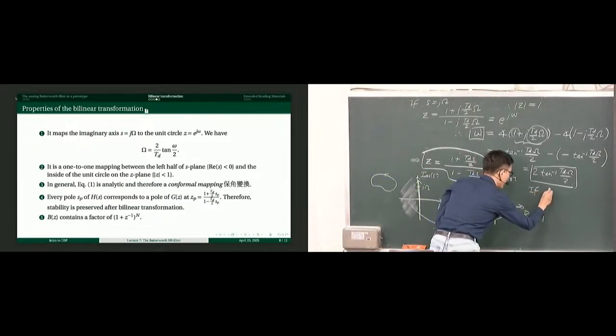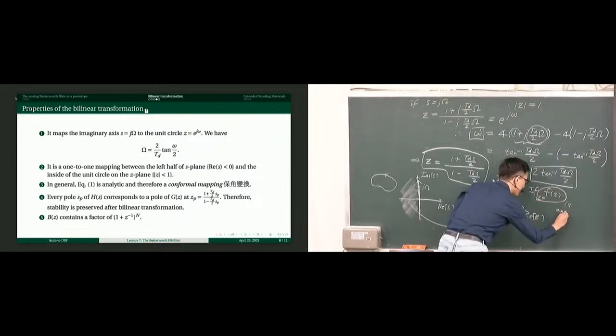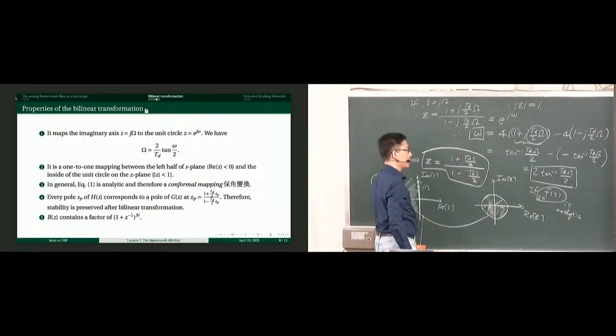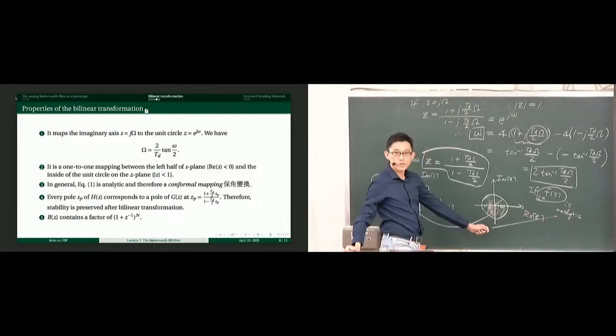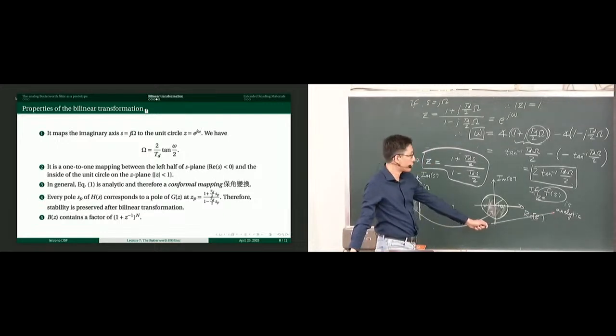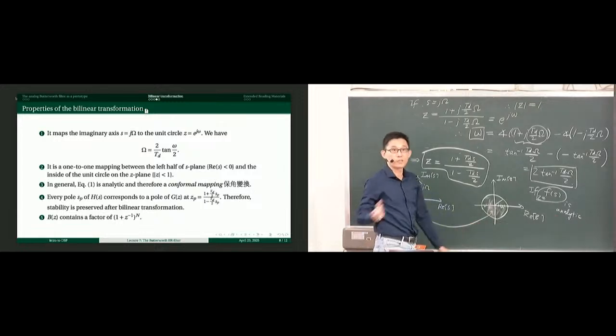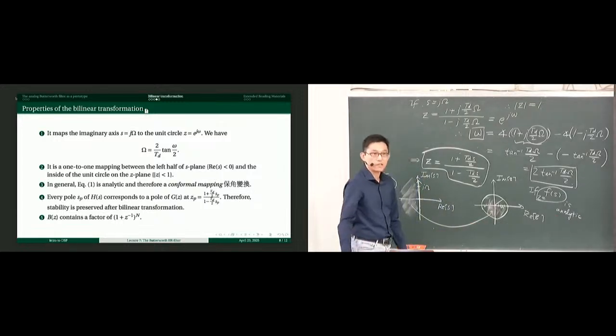if z equals f of s is analytic, in the sense of Cauchy-Riemann symmetry, okay? In the sense that its real part and imaginary part obey the Cauchy-Riemann relation, 柯西黎曼的关系, analytic function, so it becomes differentiable 这类的.